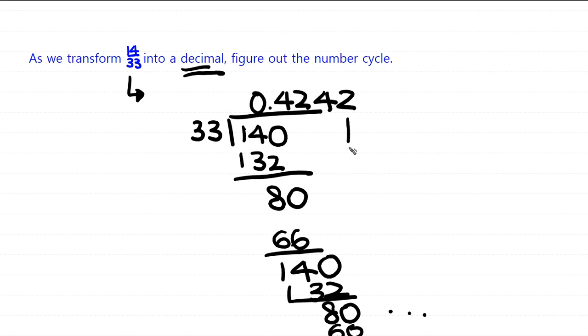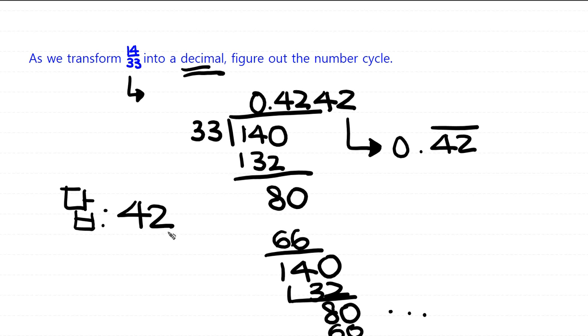So we can easily guess the next number that's going to come up is 4, because 42 is the number cycle we have, and we can write this number as 0.42 with a line on top. So our answer is the cycle, 42.